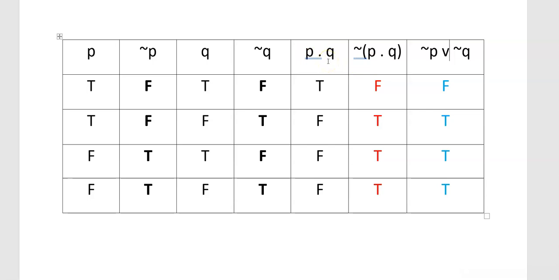You can just deny one, and that will be the denial of the whole conjunction. When you deny P dot Q, you notice that its truth value is exactly the same as the truth value of negation P with negation Q. So the negation of P dot Q is equivalent to the negation of P with the negation of Q.